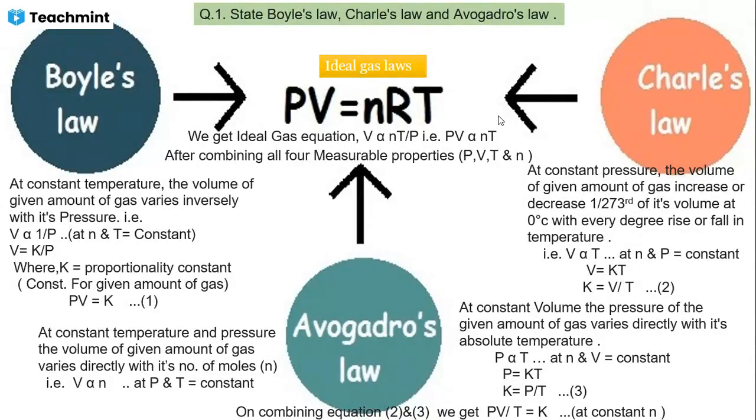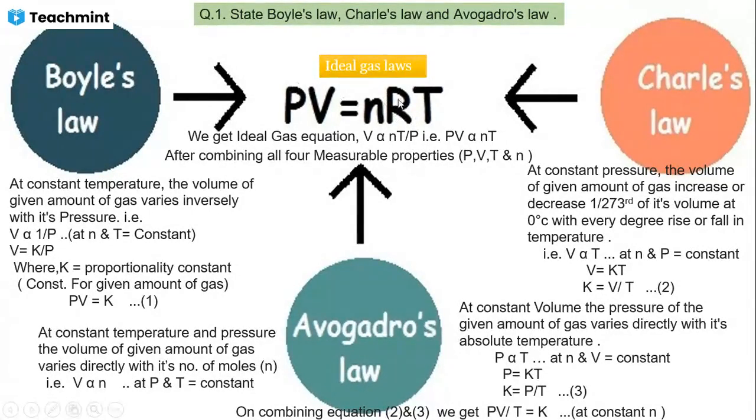Have you got this concept, how the ideal gas law comes? The ideal gas law is derived from three basic laws: Boyle's law, Avogadro's law, and Charles' law. After combining them, you get V directly proportional to nT/P, that is PV proportional to nT, and that proportionality constant is R, known as the gas constant.